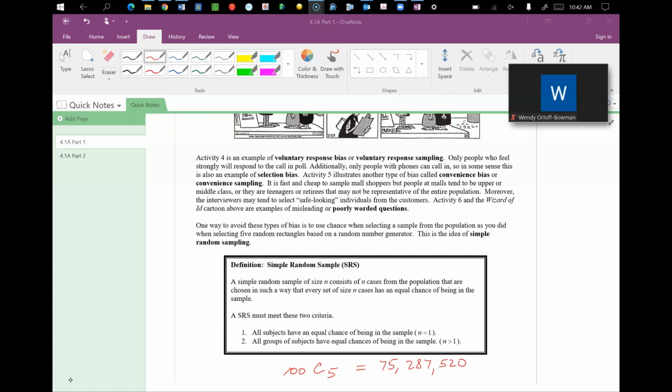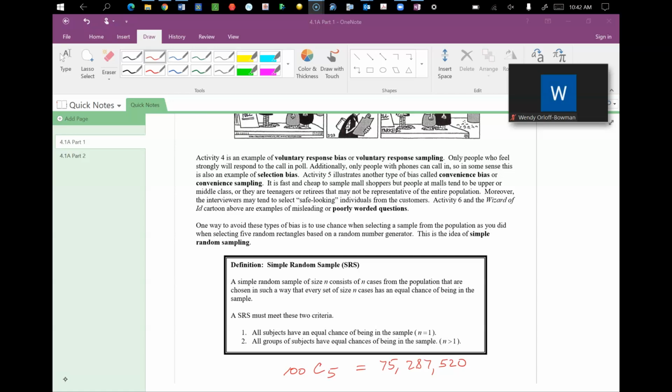Each of those has to have an equal chance of being selected for it to be a simple random sample. And in our case, they were all equally likely to be selected, so we did select a simple random sample.